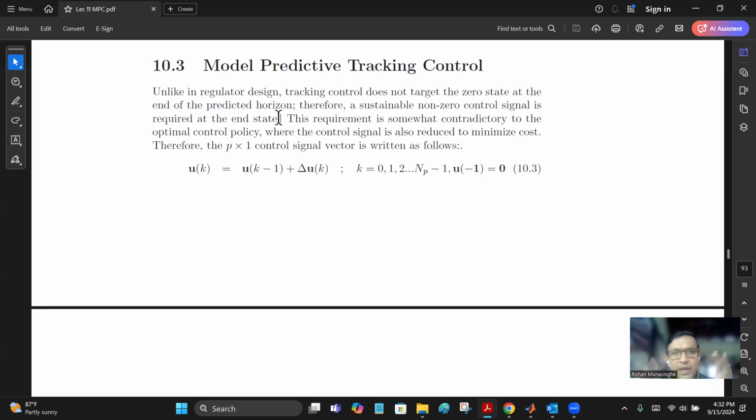But you know, mathematics is very, very beautiful, right? It is very flexible. It can adapt to any situation, right? The regulator, tracker, no problem. So what we do here is we redefine our control signal, right? We don't say, okay, we have a big problem here. We adjust to the situation.